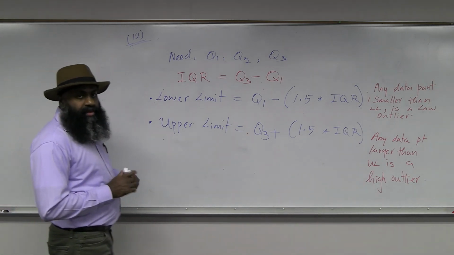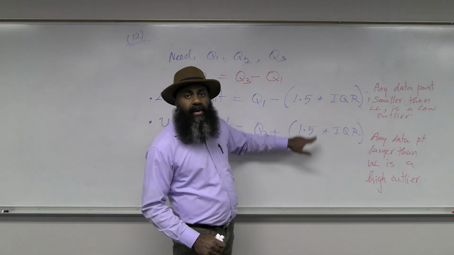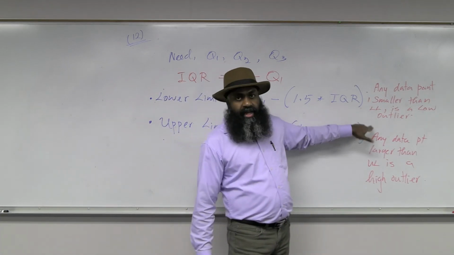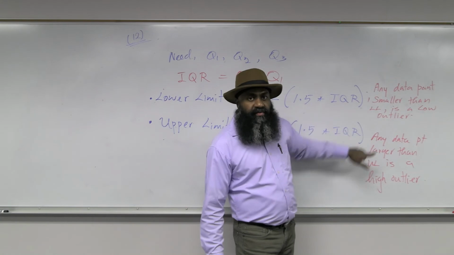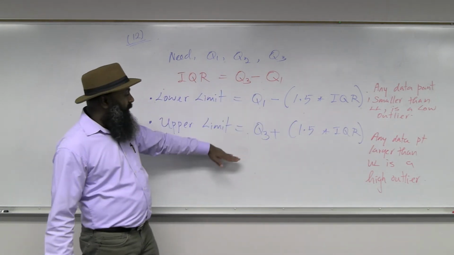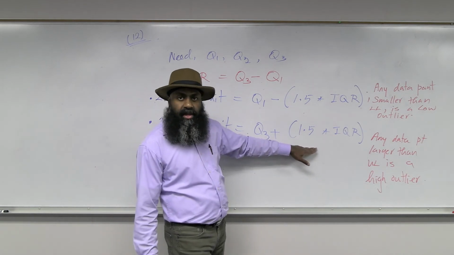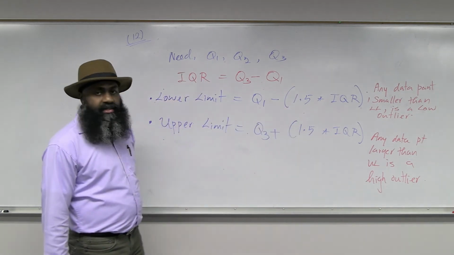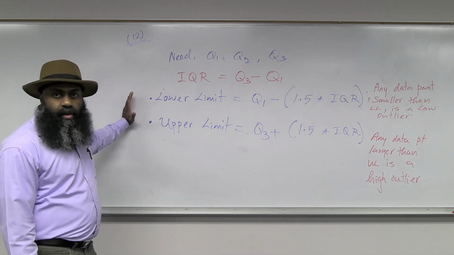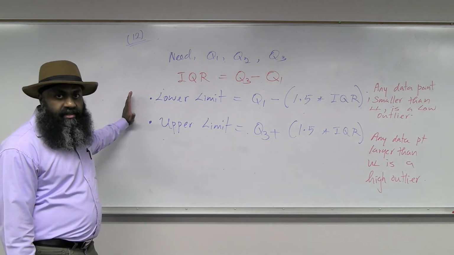Your first exam will ask you to calculate these two limits. And I will also give you a data set, and then you can see if there are any data points that are smaller than the lower limit and that are larger than the upper limit. Such data are classified as outliers. Calculation of the outliers will be a very important step in analyzing the data.